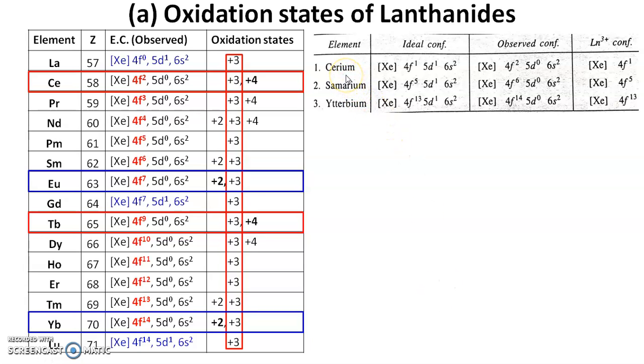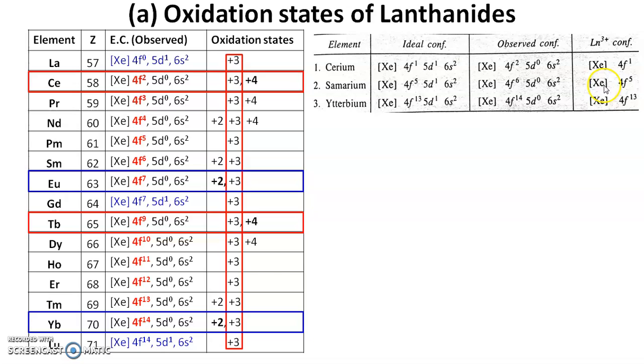Now cerium, as I said, its observed configuration is xenon 4f2, 5d0, 6s0. In +3 oxidation state, cerium has a configuration of xenon 4f1.